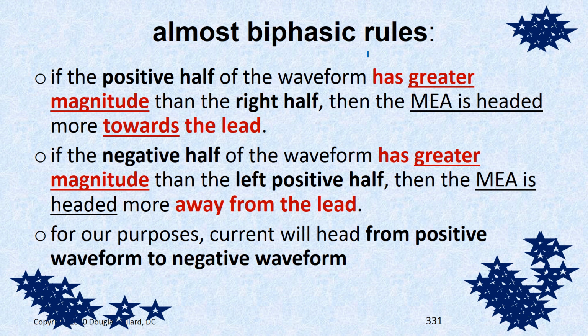So, almost biphasic rules. If the positive half of a waveform has a greater magnitude than the negative half, and this applies for all limb leads, the exception is AVR. AVR is a little backwards, but let's pretend AVR doesn't even exist right now. All the other limb leads, this works. For purposes of our class, the positive waveform will always be to the left.